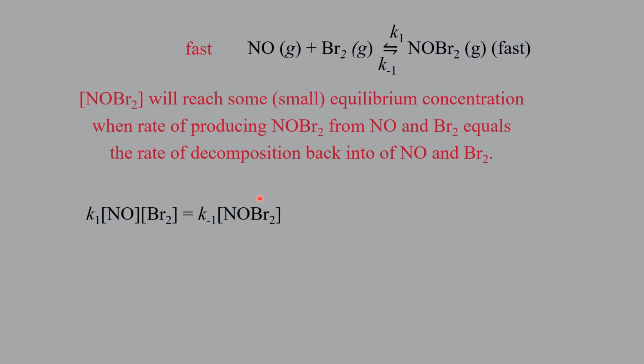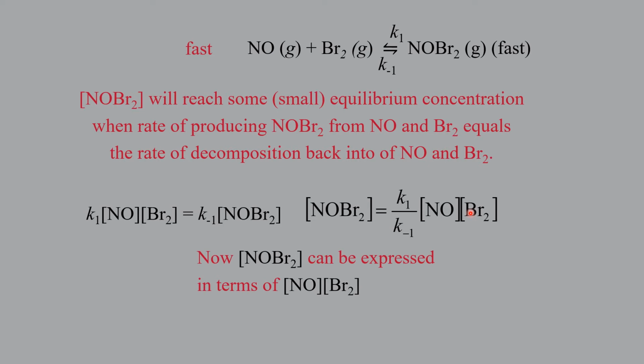And the idea is that you hope that you can express the concentration of your intermediate in terms of rate constants and concentrations of things that are not intermediates, actual legit products or reactants. And so if we rearrange this expression to solve for the concentration of NOBr2, we get this. It's equal to the quotient K1 over K-1 times the concentration of NO to the first power times the concentration of Br2 to the first power.